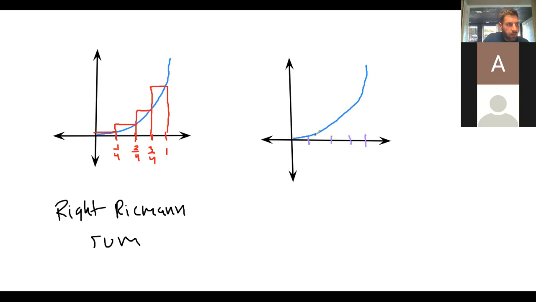So here I don't have a rectangle, I have this. So this is called a, whoa, that's a crooked one. Now I have this, which is really just 3 rectangles because the first one has height 0. So we call this a left Riemann sum.